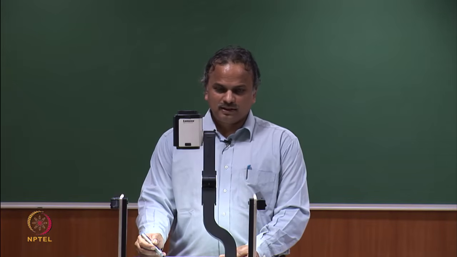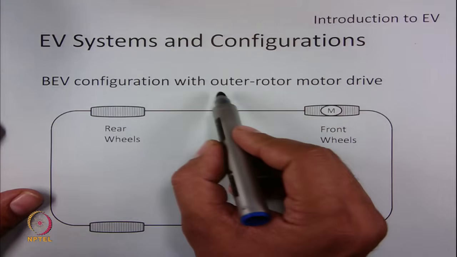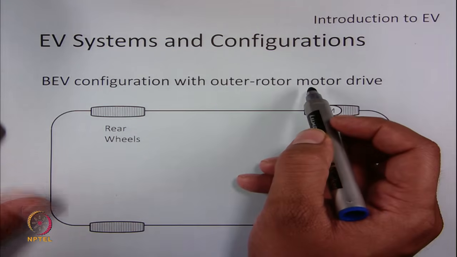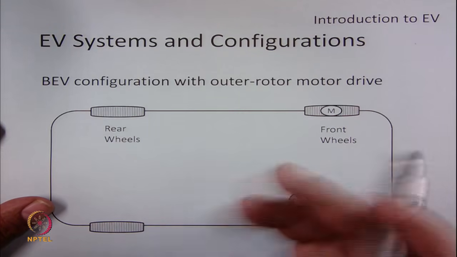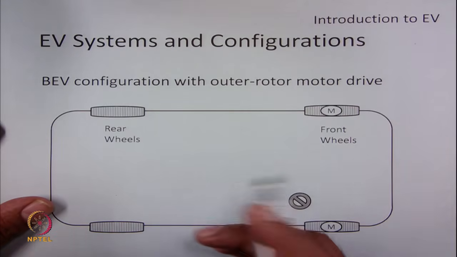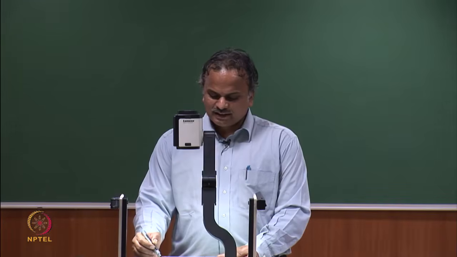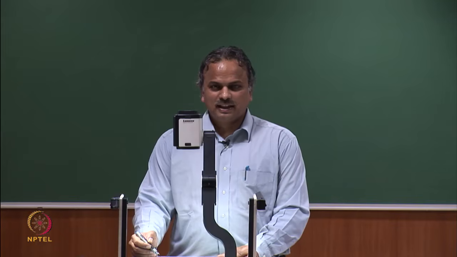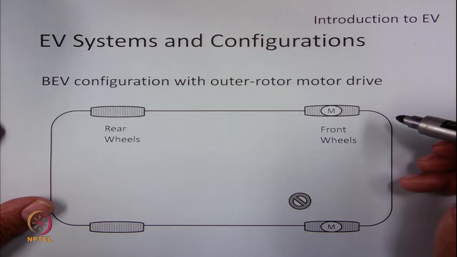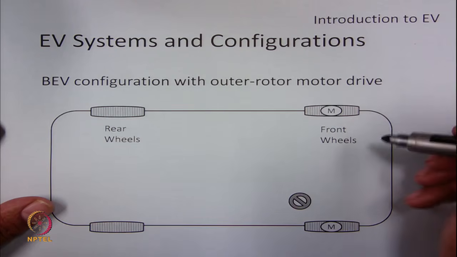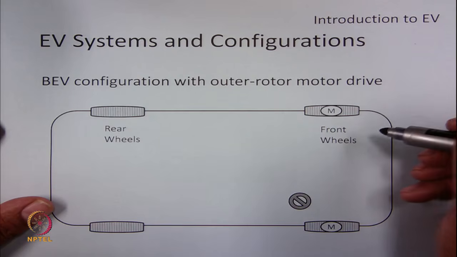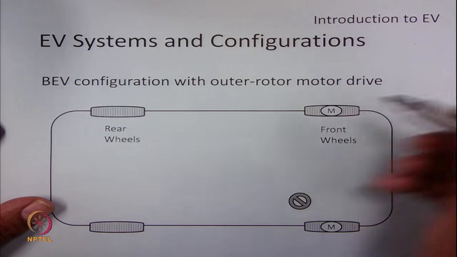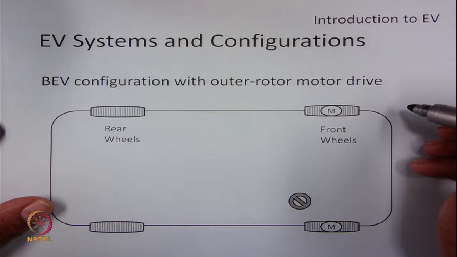This is only possible by a system known as an outer-rotor motor, meaning the stator will be in the rim and the outer portion which actually drives the vehicle is the rotor of the motor. You can see this type of motor in a ceiling fan application, where the rotor is outside, while the actual stator of the motor is inside. So, this is also one of the EV configurations which is becoming very popular.